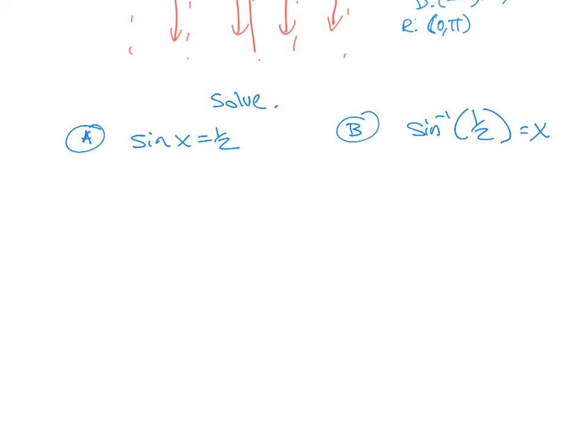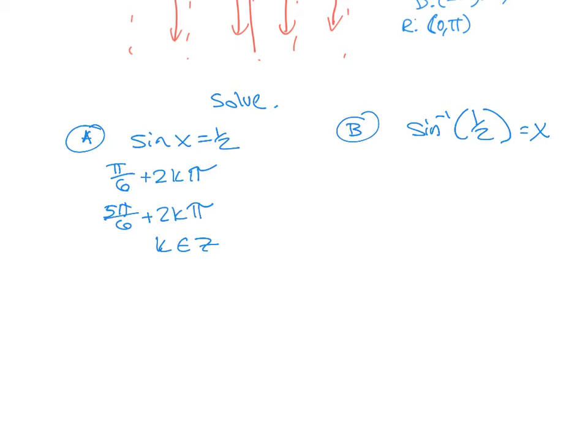So to express that, you'd say pi over 6 plus 2k pi. That would give me all the quadrant 1 angles. And then I would say 5 pi over 6 plus 2k pi. That would give me all the quadrant 2 angles. And that's where sine's positive. So that would reflect, and again, where k is an integer.